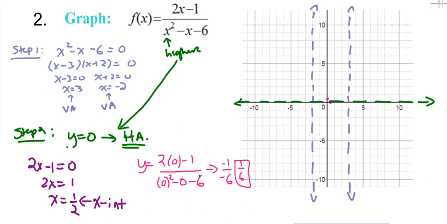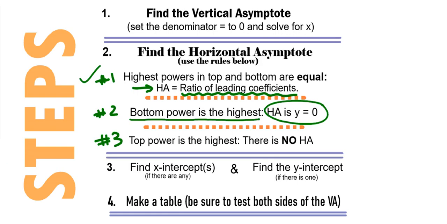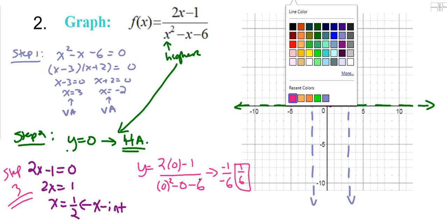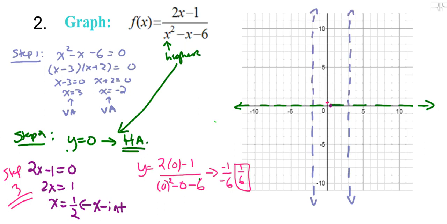Okay, so this was step 3. Sorry, step 4, because all that's left is to make a table. So here's why we have to make a table. We don't know a lot of things. I'm going to do a fake sketch, because this could look like that, and that could look like that, and that could look like that.